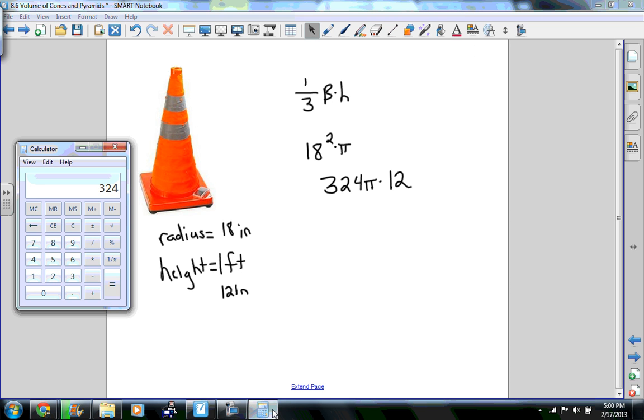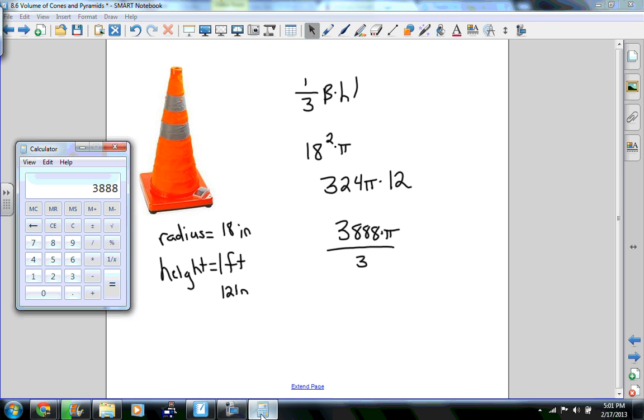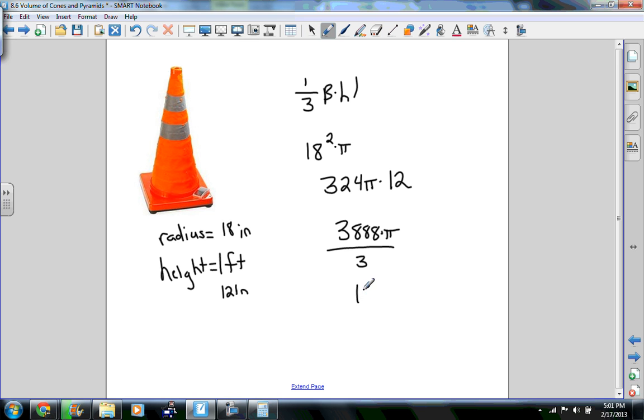So I take 324 times 12. 3,888 times pi. And then because it's not a square shape, we have to divide by 3. 1,296 pi, or you could multiply out that pi.